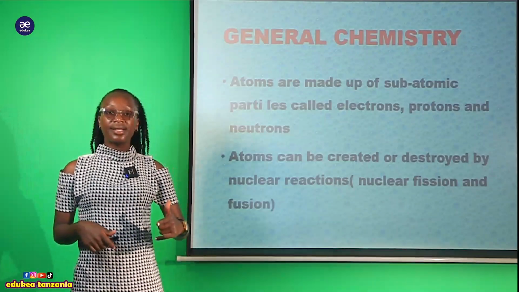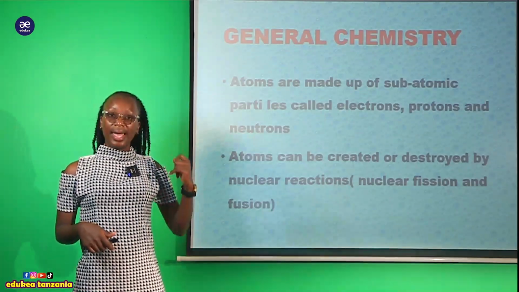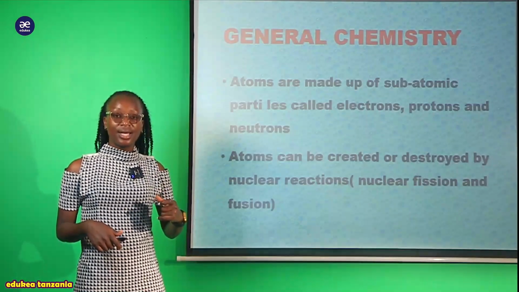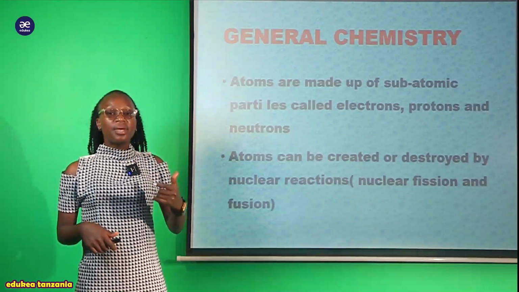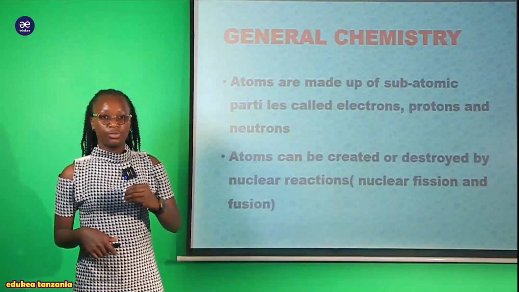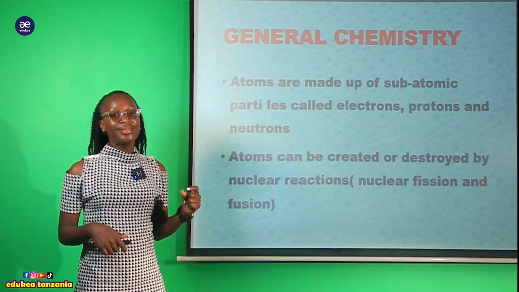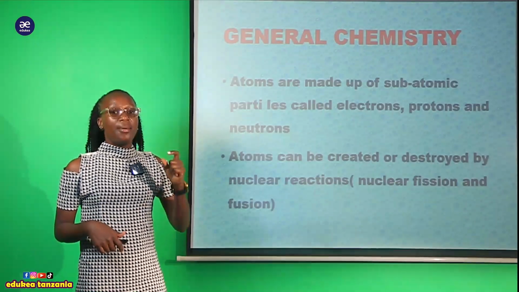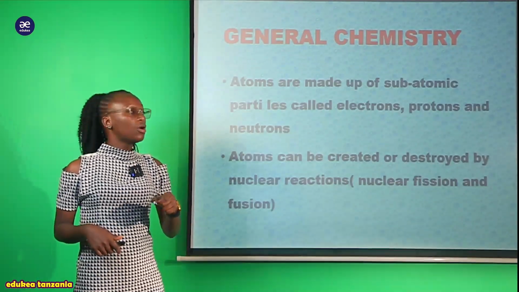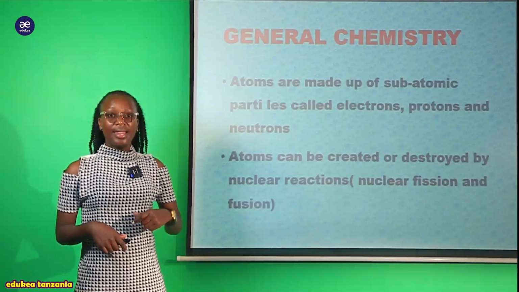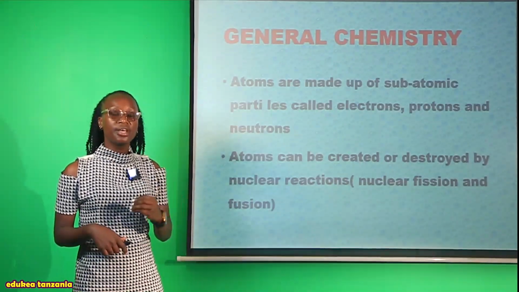As you can remember, the earlier assumption of the Dalton atomic theory stated that matter is made up of indivisible particles known as atoms. So when we come to the modern one, you can see that the atom is made up of subatomic particles, and these subatomic particles can be observed.